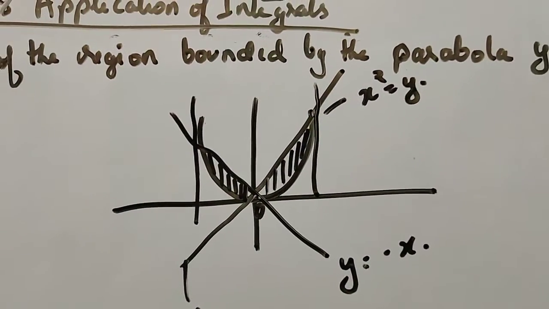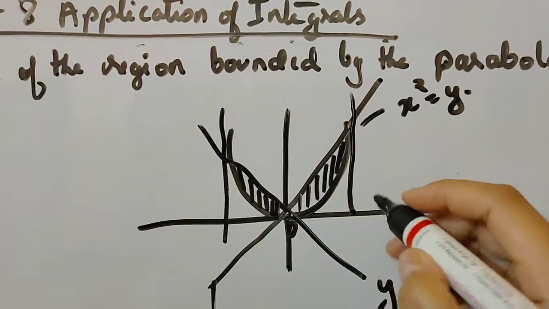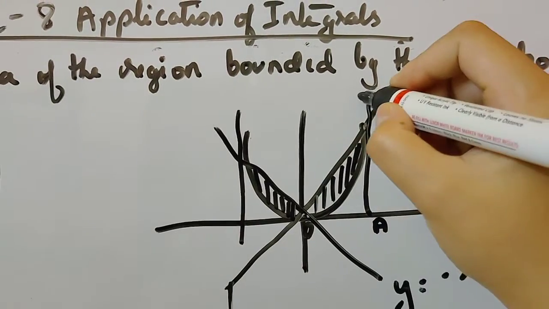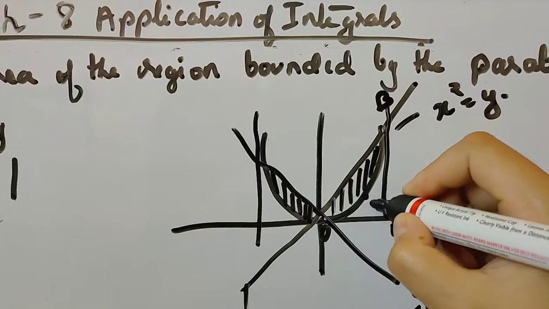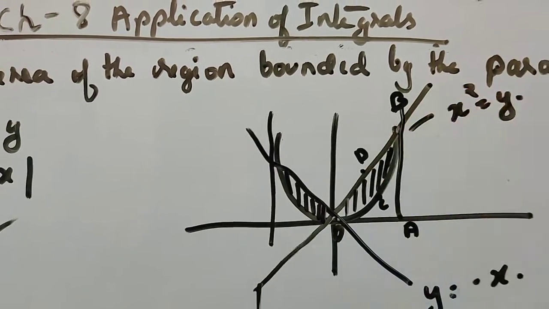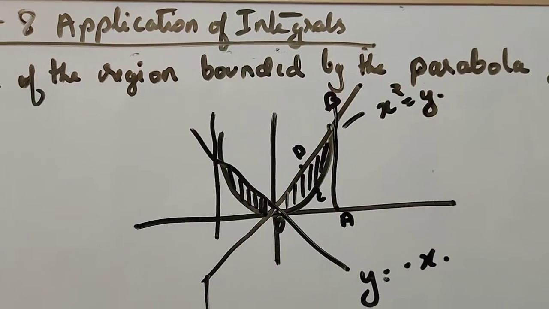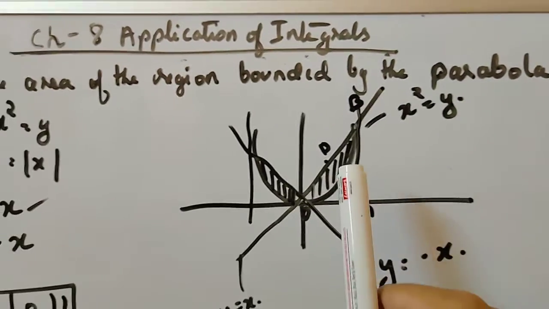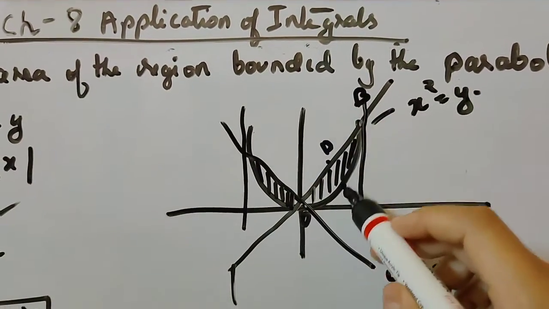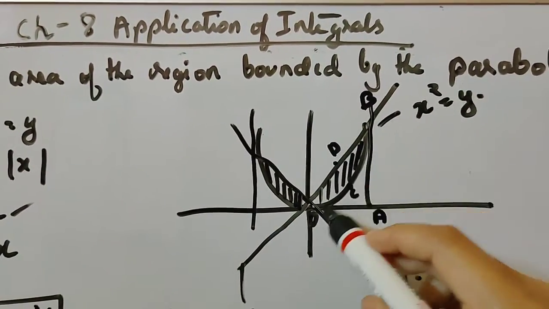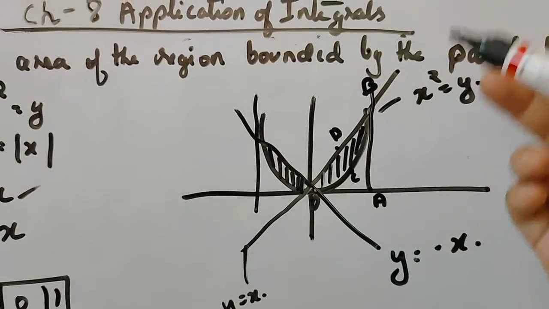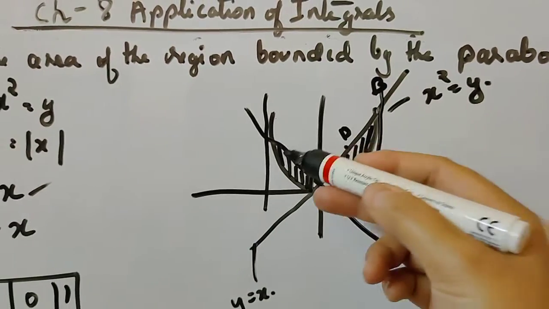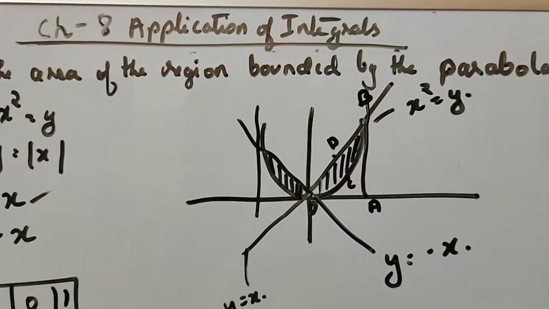First we will name them, say O, A, B, this point is C and this point is D. Now I need this area, OBDO, BCO, and similarly this side also. If I multiply 2 times this area, then I will get the total area.